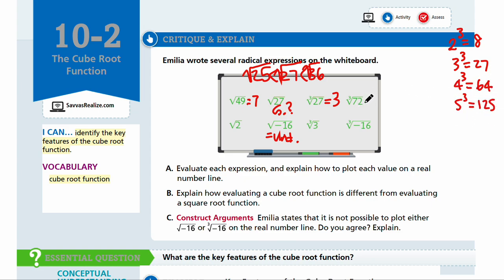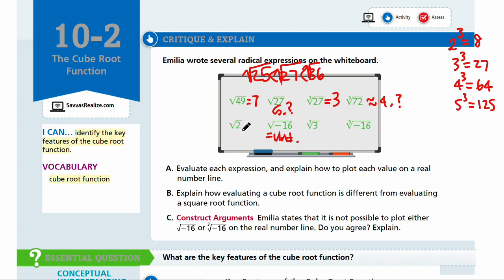So cube root of 72 is between 4 and 5. So this is going to be about 4 point something, and it's closer to 4. So it's probably going to be less than 4.5, right? So you'll see which whole numbers it's closer to, and you can guess.